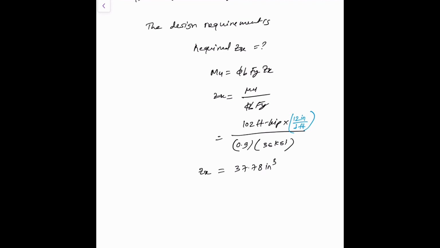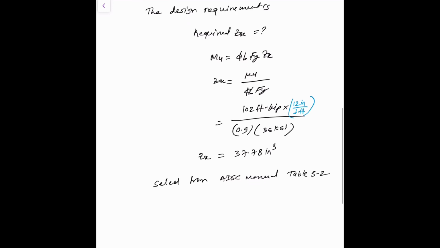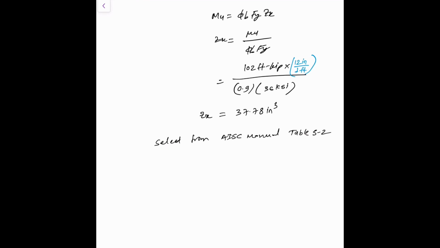Looking at 37.78, let's select W14 by 26 from AISC Manual Table 3-2.